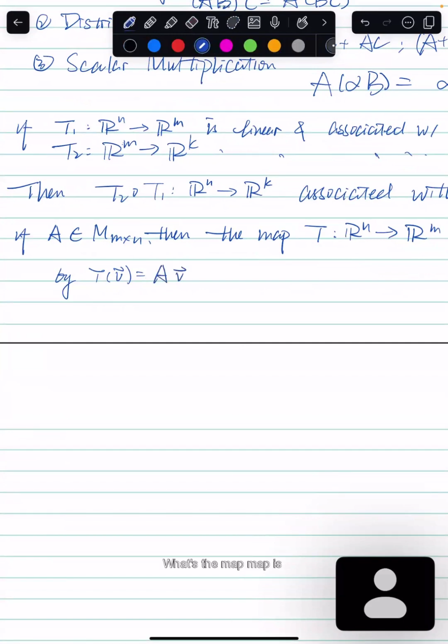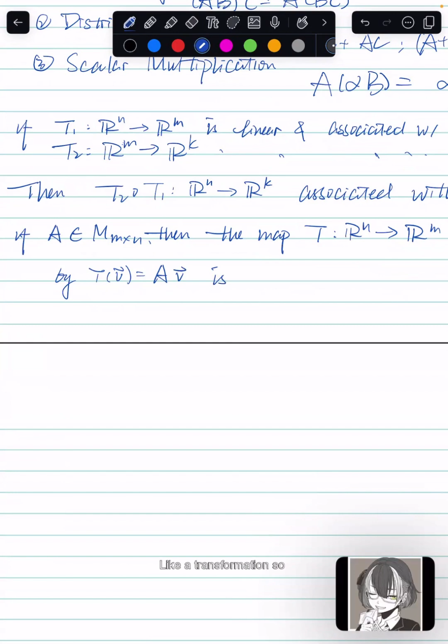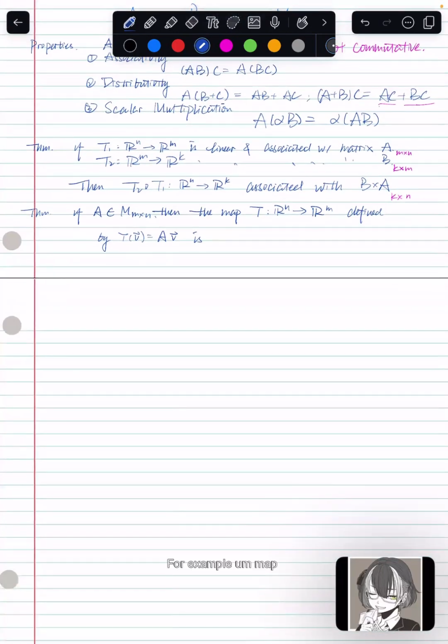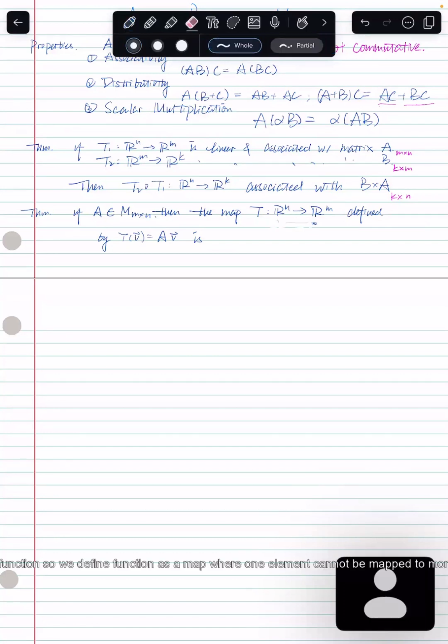What's a map? A map is like a transformation. For example, a map is if you map something from Rn to Rm, and for a function, we define a function as a map where one element cannot be mapped to more than one.